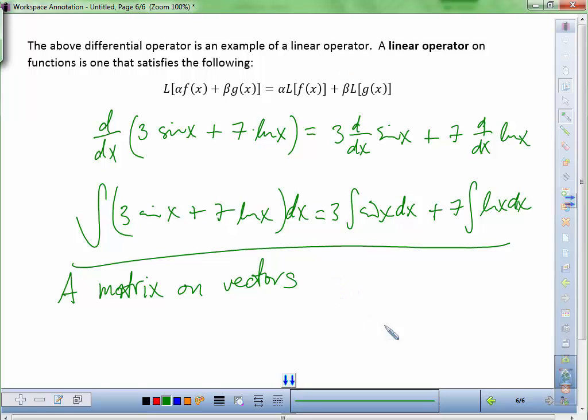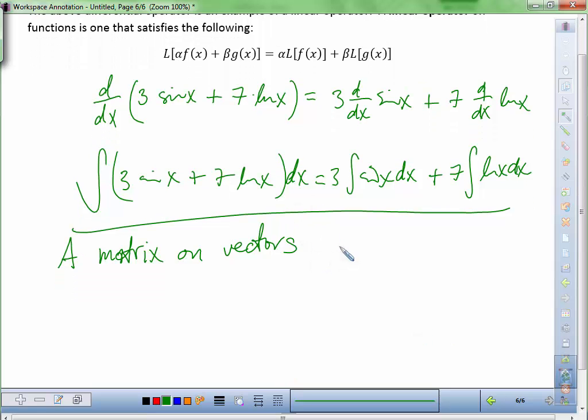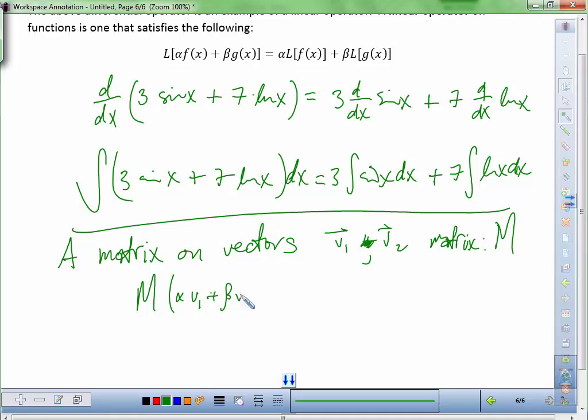So if I have vectors, I'll call them V1 and V2, and a matrix, let's call it M, then M applied to alpha V1 plus beta V2 is going to be the same thing as alpha times M applied to V1 plus beta times M applied to V2.